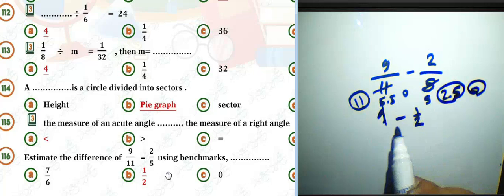So the result will be half subtracted from 1. 1 subtracted by half, the result will be half.